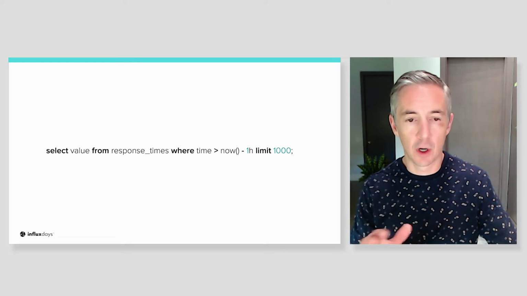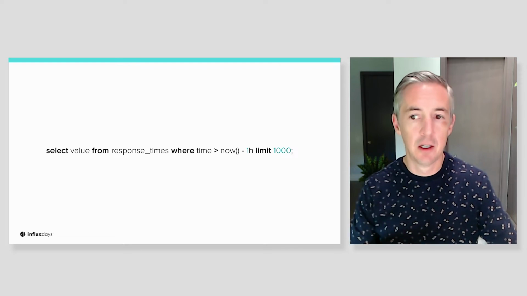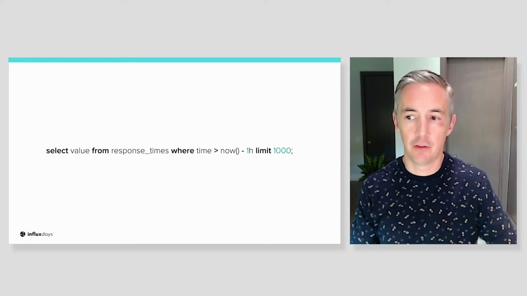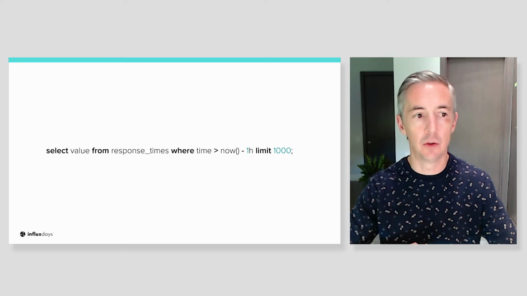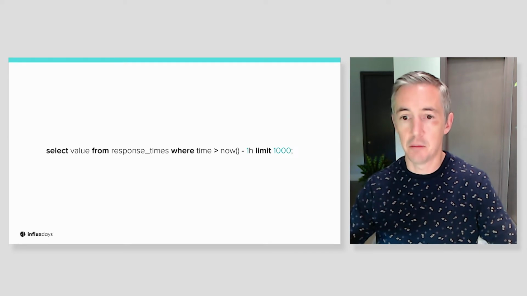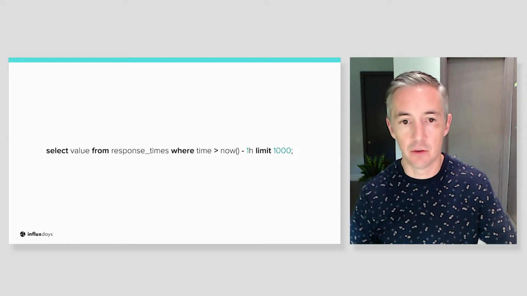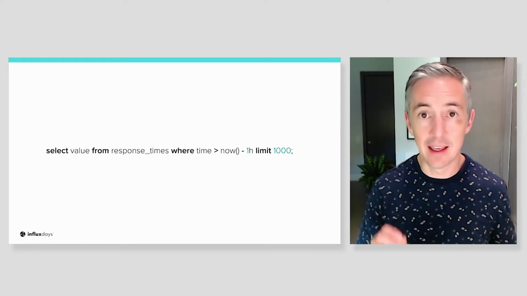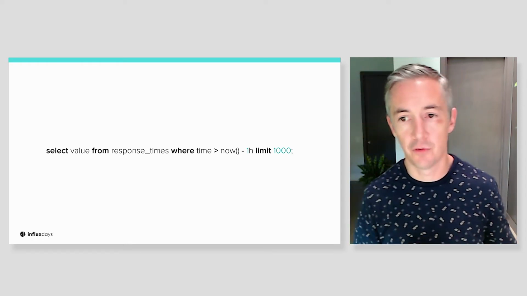And the way we organized the data within LevelDB made a query like this very, very fast, right? We could index into a specific measurement and column at a specific time and give those 1,000 values. So this was something that even that early version of InfluxDB was very good at.